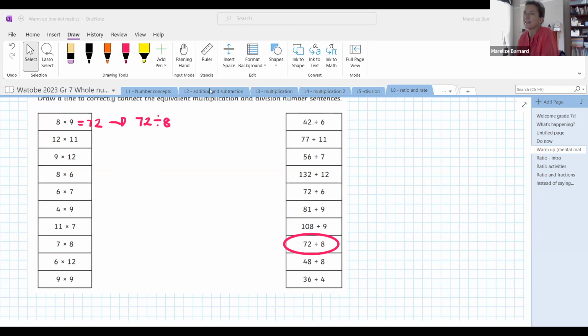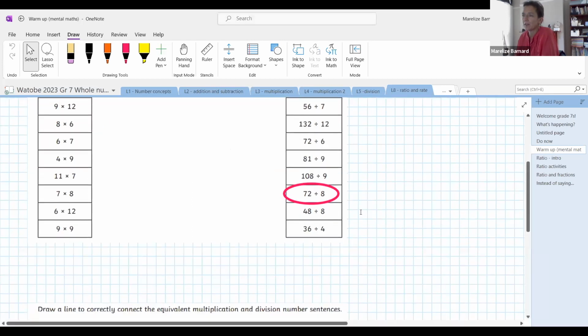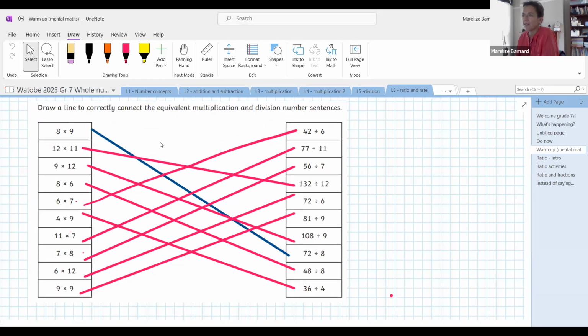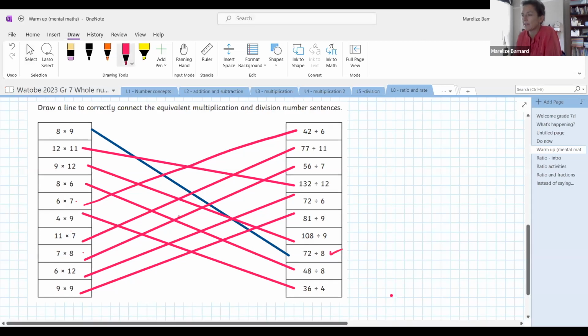Let's see. Okay, I did the answers over here earlier, so we can go quick. So let's have a look. So 8 times 9 we did first. That is 72 divided by 8. That division goes with the 8 times 9. 12 times 11 is 132.